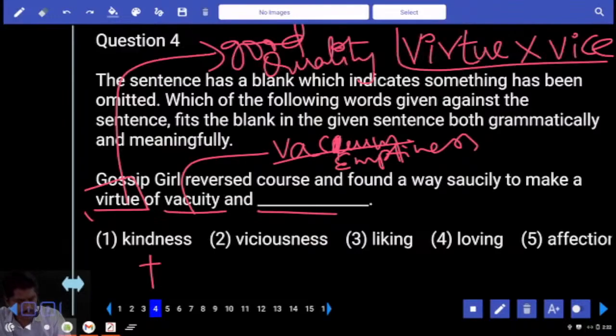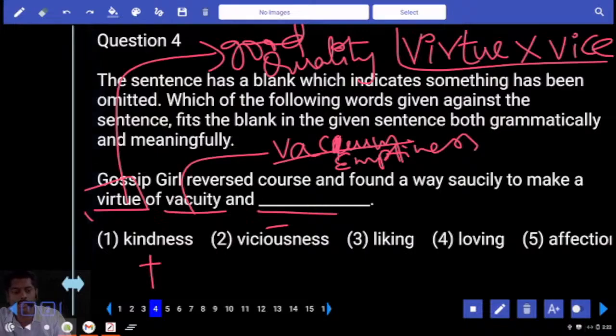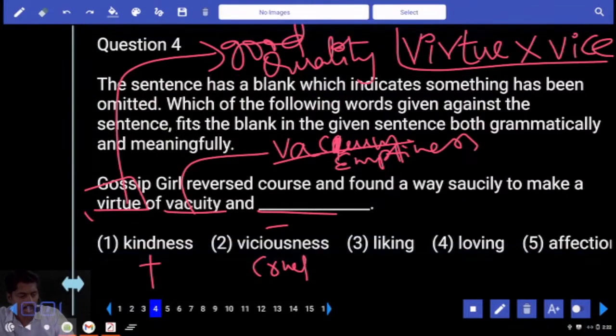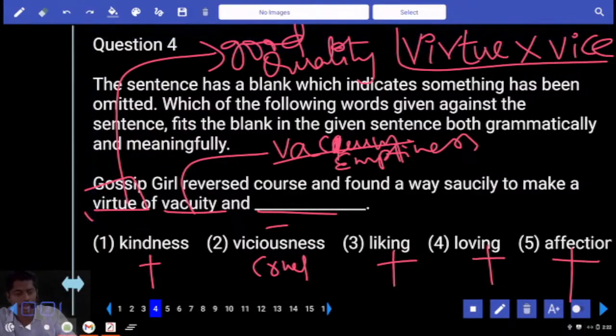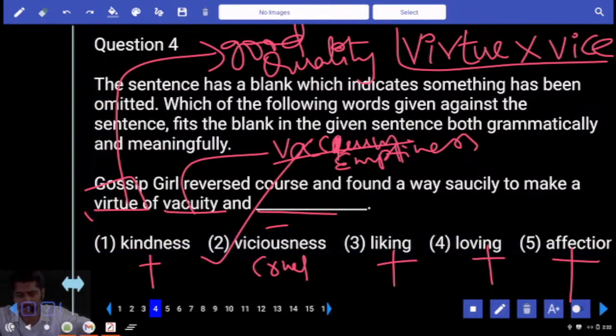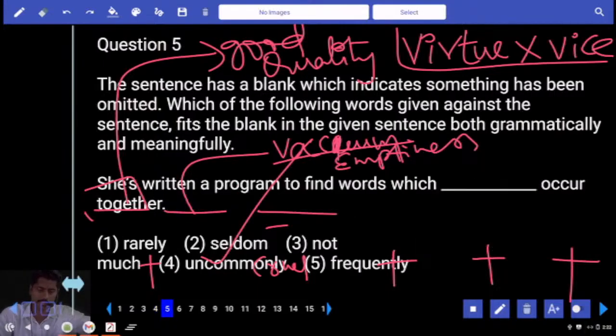So vicious means a negative kind of cruelty, bad. Liking is positive, loving is positive, affection is positive. Options 1, 3, 4, 5 are synonyms. Odd man out: the second option is the right answer. Viciousness. Gossip girl reversed course and found a way saucily to make virtue of vacuity and viciousness.